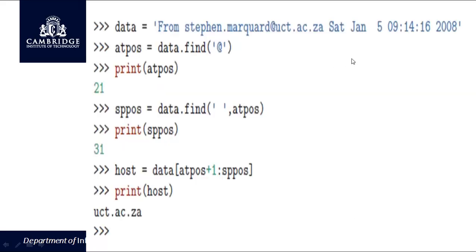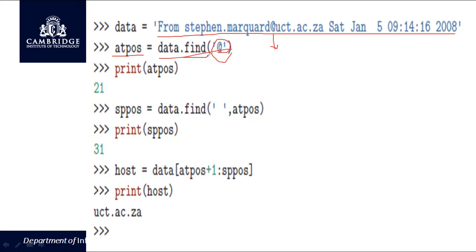Here you can see in this example, the string consists of this email information, which I explained on the previous slide. I take another variable, which uses the string function find. What does this find function do? It finds the at symbol in this line, that is data.find of the at symbol. The find function returns the position.